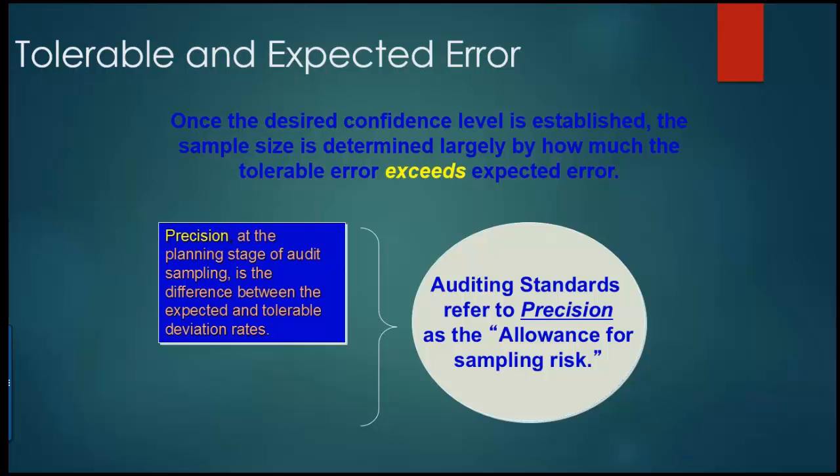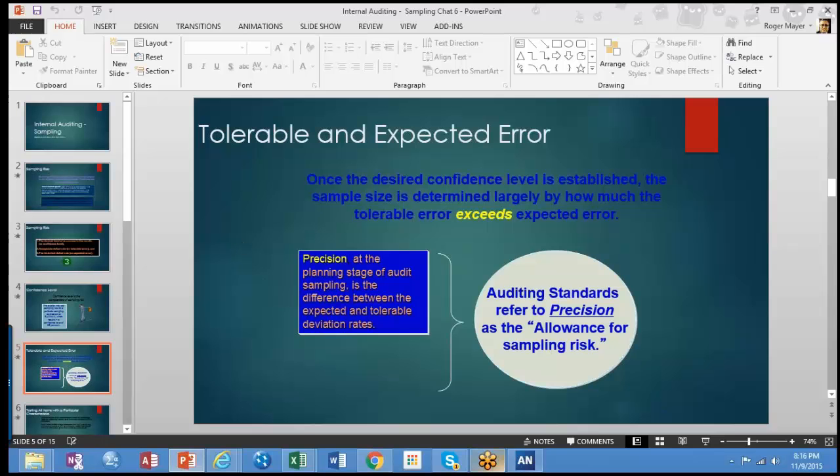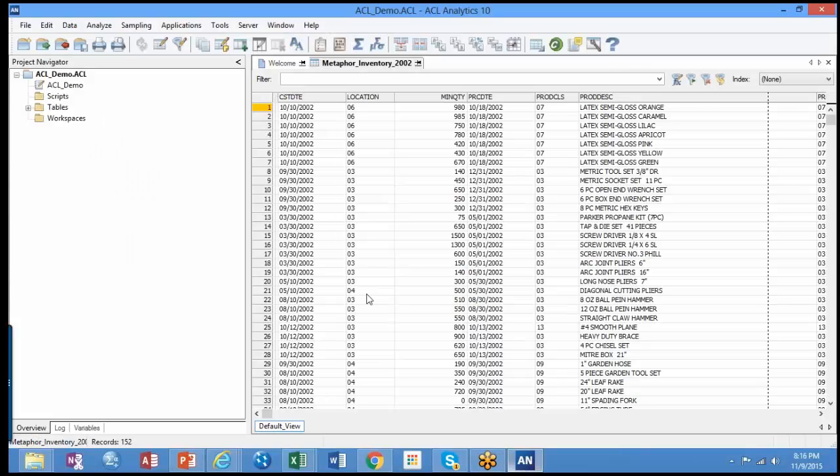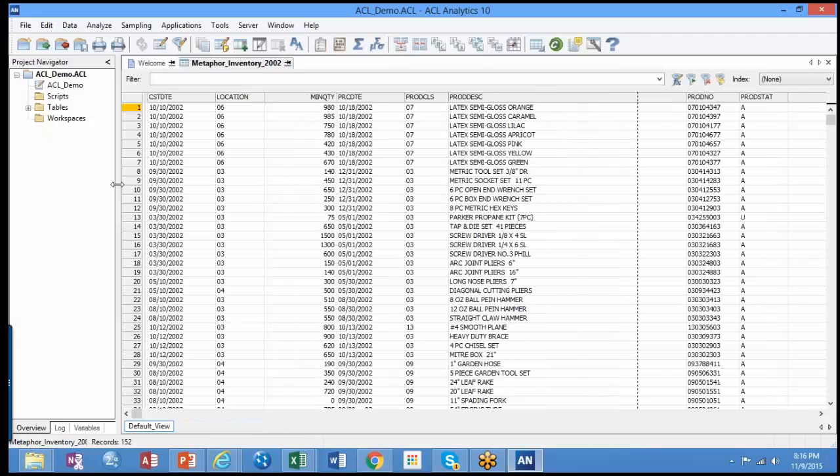In that regard, what I want to do is take us to the ACL program. Hopefully everybody sees the ACL program here. This is something that you actually see in the information that you have related to your book.